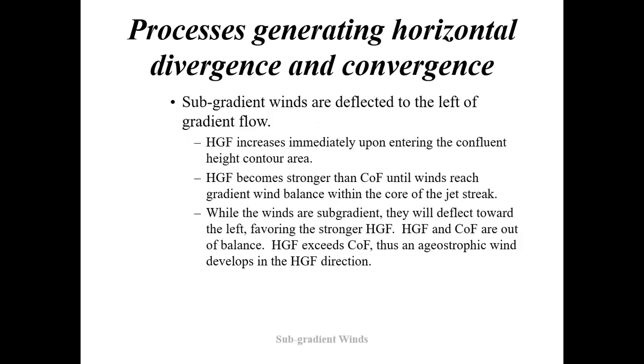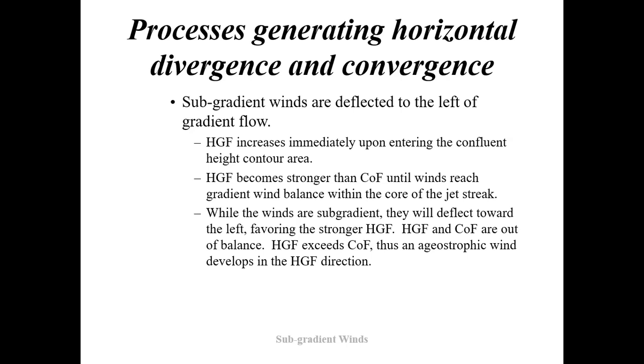So again, subgradient winds are deflected to the left of the gradient flow. Just realize again how things are not in balance until you get into the middle of that jet max or the jet streak. Height gradient force and Coriolis force eventually become reestablished with balance, and we get that geostrophic wind again at the middle portion of the jet streak or jet max.